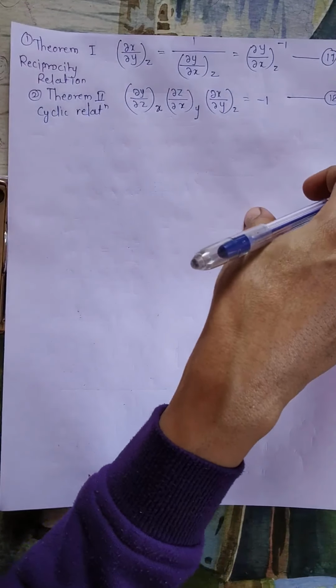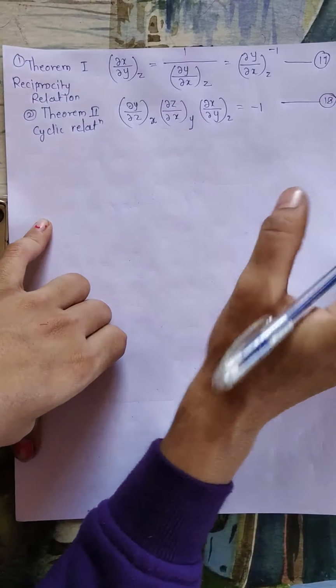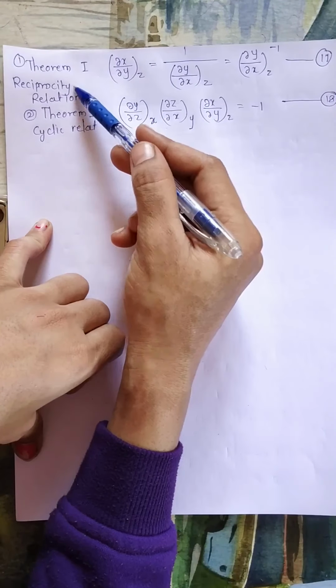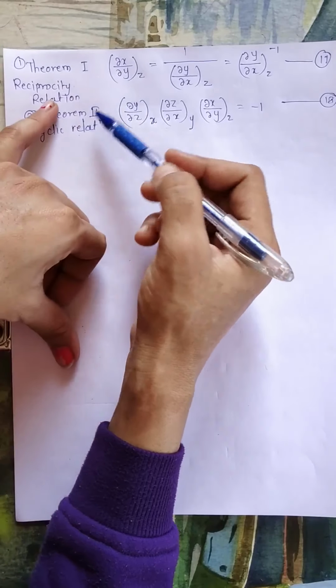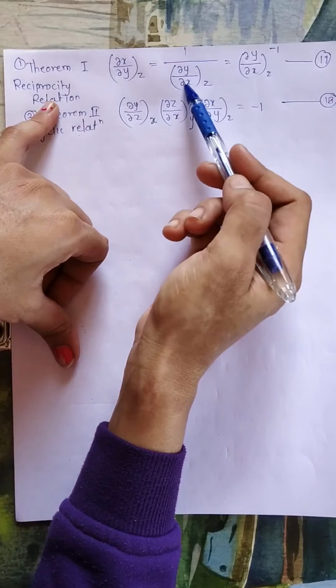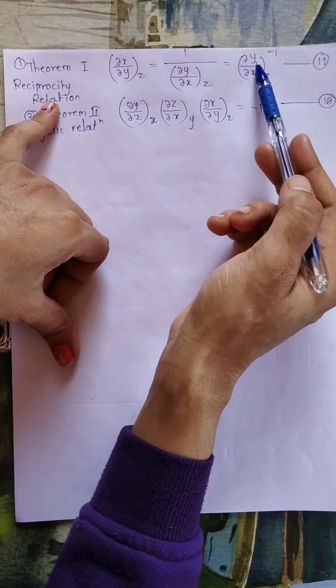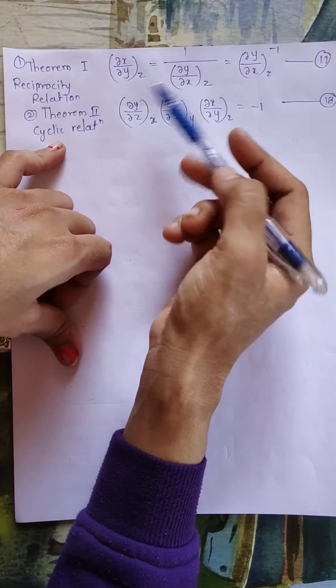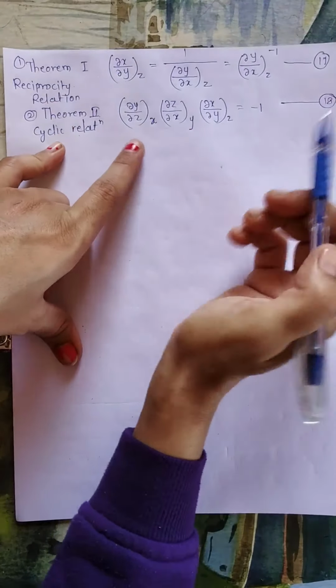So these are those two theorems, called theorem 1 and 2, or named the reciprocity relation and cyclic relation. Why reciprocity? Because here ∂x/∂y and its reciprocal, we can take it as ∂y/∂x. Therefore reciprocity. And why cyclic? Because here the cyclic order is maintained.